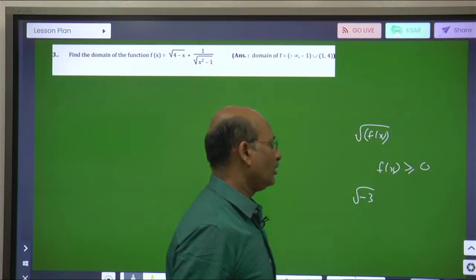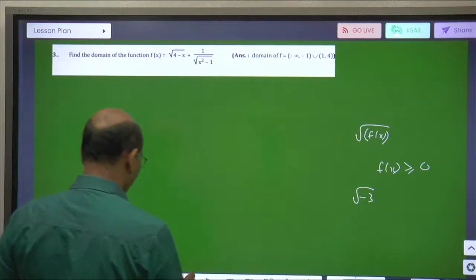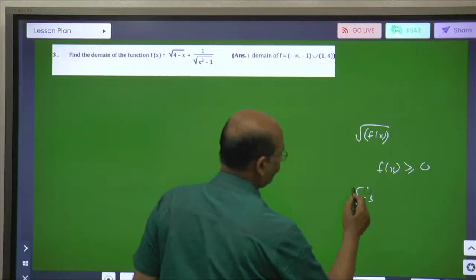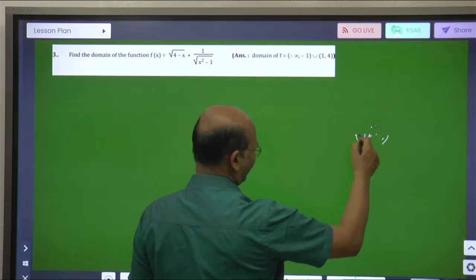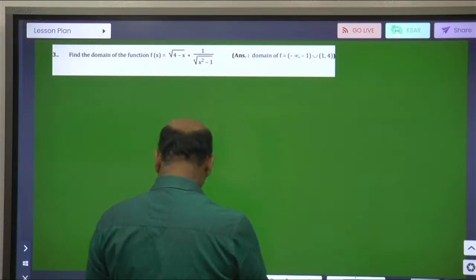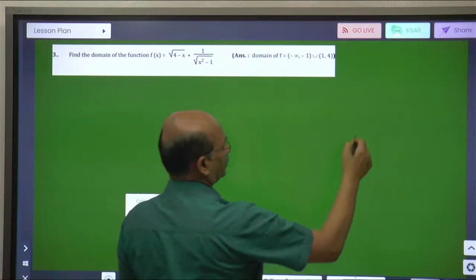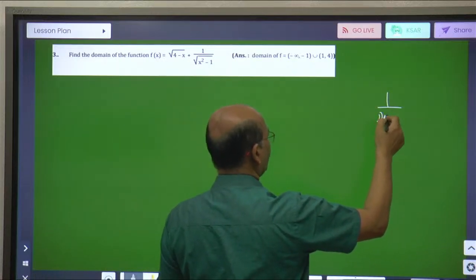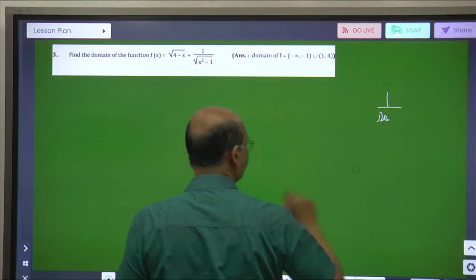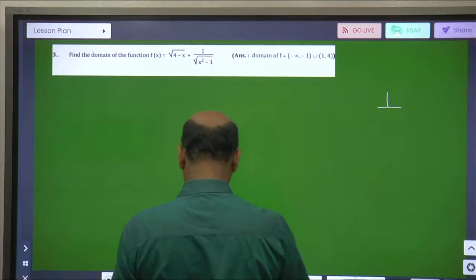Understanding or not? Now root is fine, I will explain to you very nicely. Second thing, suppose it is 1 upon x. Tell me what is the domain of this?